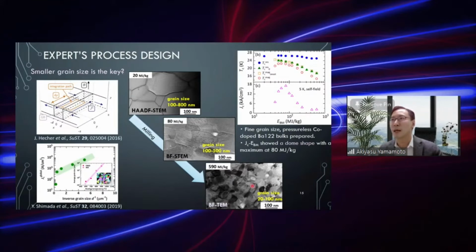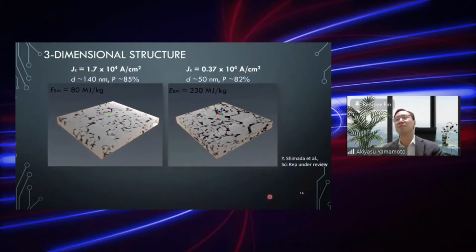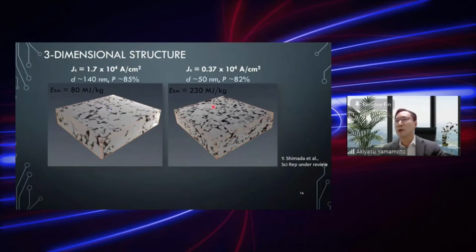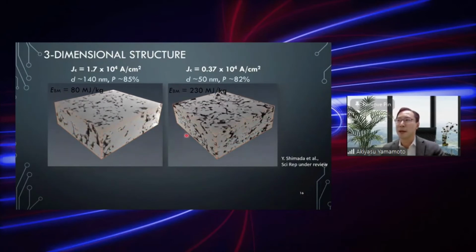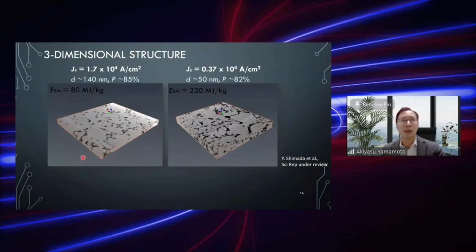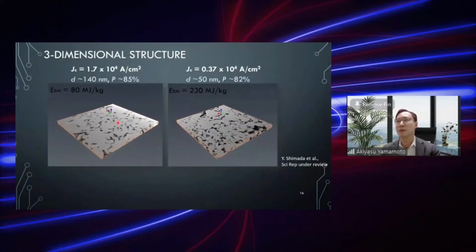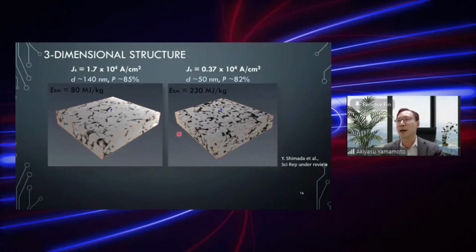So we did detailed structural analysis by SEM. These are the three-dimensional electron microscopy data for samples with higher JC and the fine grain sample.